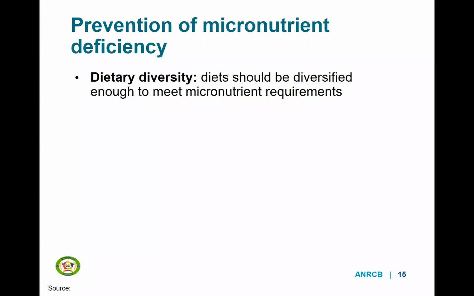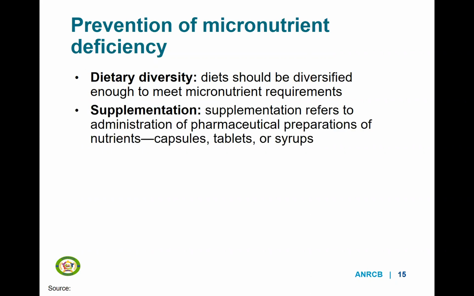That is the ideal, but it can be very difficult to achieve. So in the short term, we might do something like supplementation. This is where you give a chemical preparation, for example, a capsule or a syrup for a baby, capsules for a pregnant mother, and that immediately addresses their need.